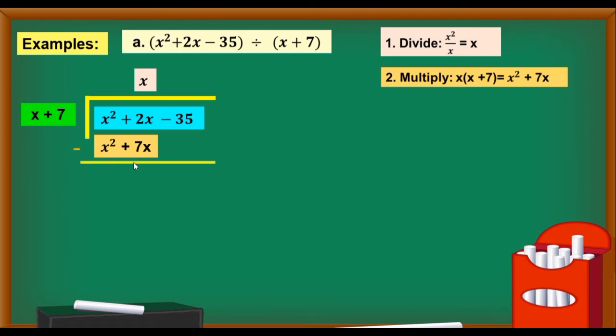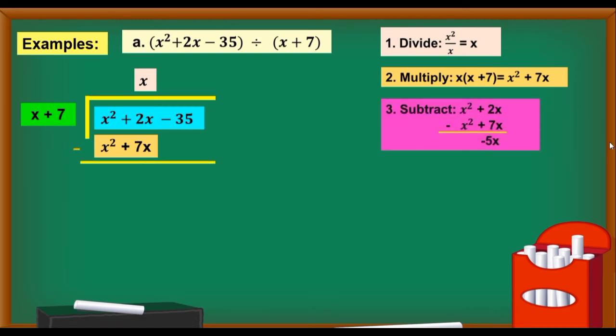So, susubtract tayo. To subtract, i-apply din po natin yung rule natin sa subtraction na mag-change tayo ng sign doon sa ating minuend. So, magiging plus na po ang ating operation, and then magiging negative x squared, magiging negative 7x.